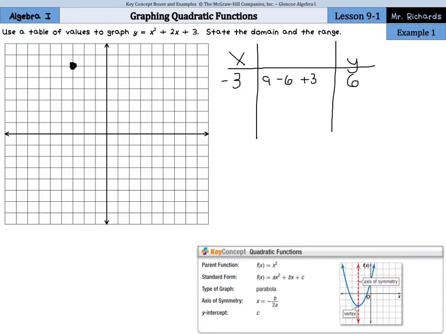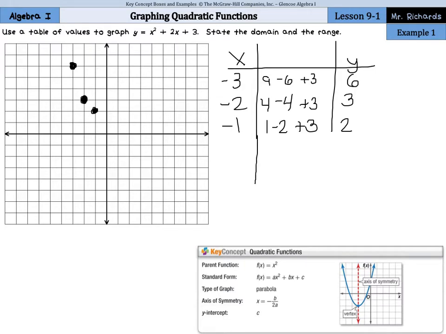Then if we look at -2 for an x, -2 squared is 4. 2 times -2 is -4, plus our 3 gives us 3. So we'll have -2 for x, 3 for y. What about -1? -1 squared is 1, minus 2 plus 3 gets us 2. So -1 and 2 is right there.